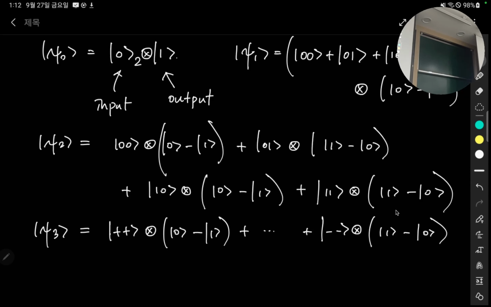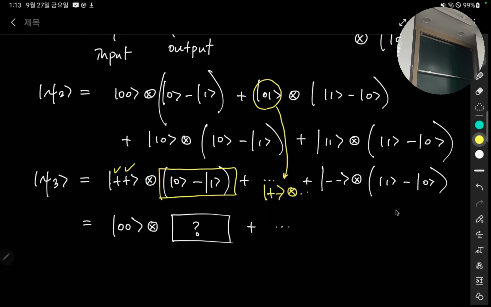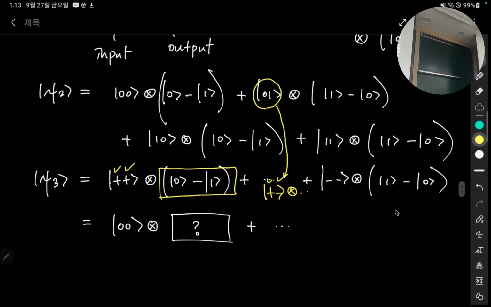Let's do the same thing for here. When I take the Hadamard gate on here, it becomes plus and minus and so on. But then I have to take 0, 0 again here. Now, when I take 0 ket from plus ket or minus ket, they both have a plus sign. So it doesn't matter whether it's plus ket or minus ket. I can just take 0, 0 out without considering any sign here.